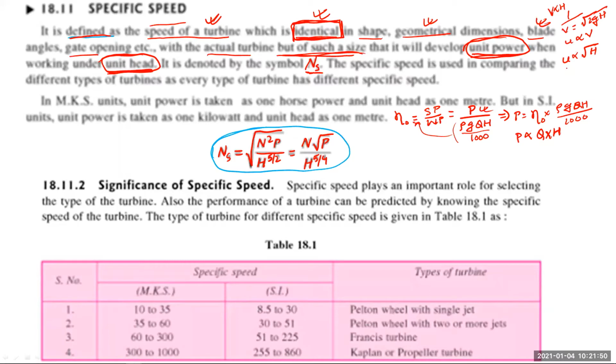And we also know that U is pi D N upon 60.